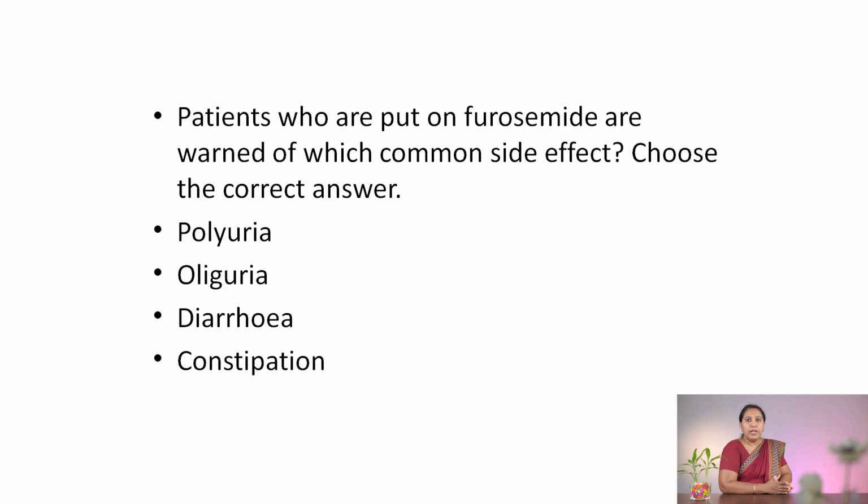In this example, as you can see, patients who are put on furosemide are warned of which common side effect? Choose the correct answer. You have the options: polyuria, oliguria, diarrhea and constipation. As you know, furosemide is a diuretic, so you will have to watch for polyuria.